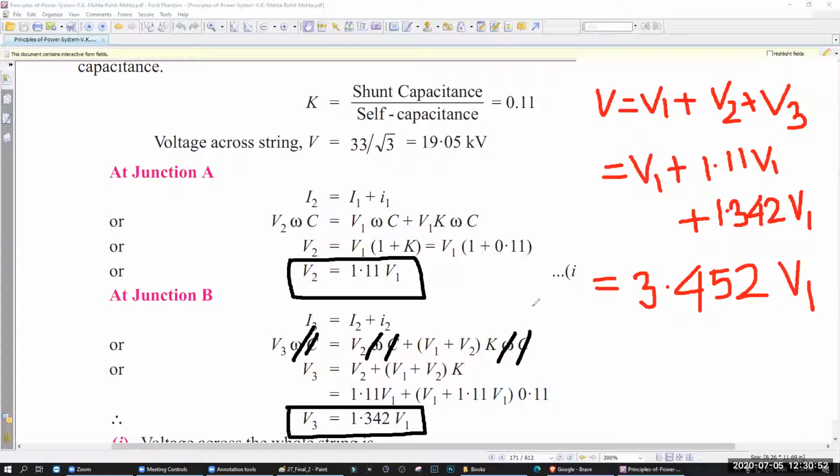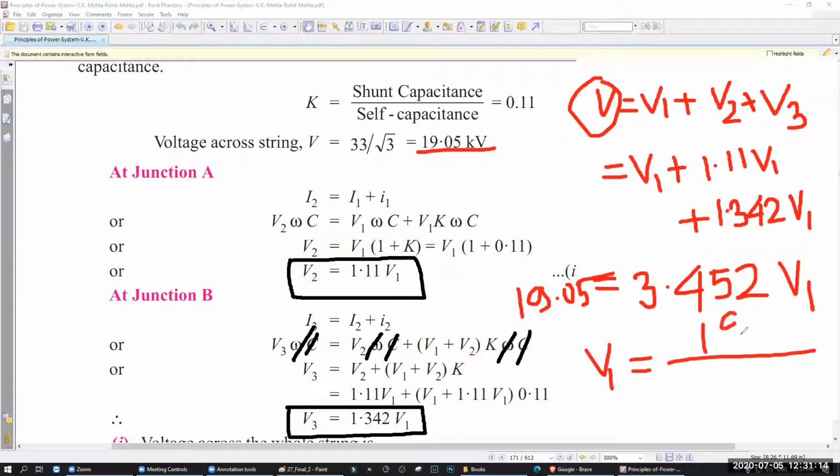We already know the value of V. What is that? 19.05. So if I take that and divide, your V1 is equal to 19.05 divided by 3.452.